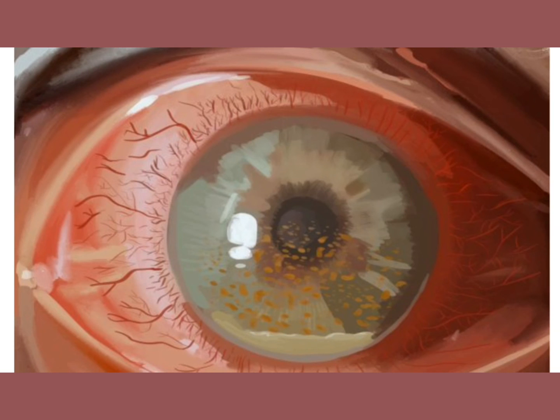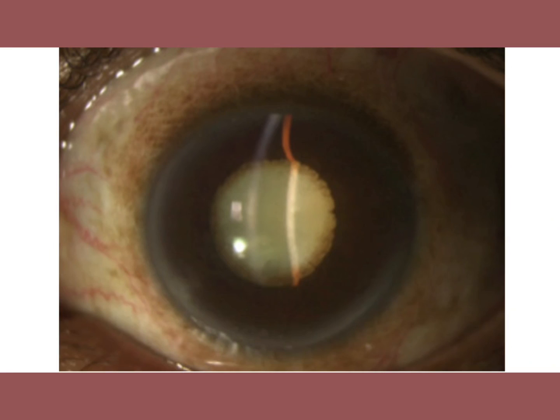So these are the changes that happen in the eye due to the toxicity of aqueous humor. When the lens absorbs aqueous humor as its nutritional source, the toxin gets into the lens, leading to opacity and cataract formation. So uveitis leads to secondary cataract.